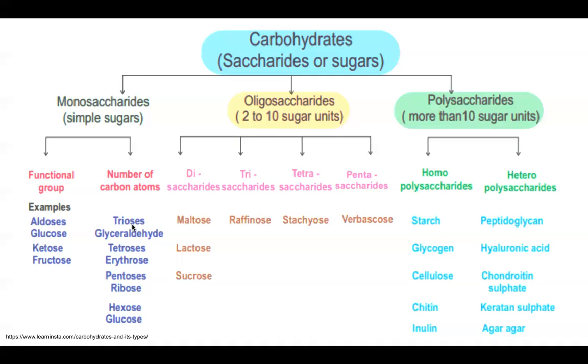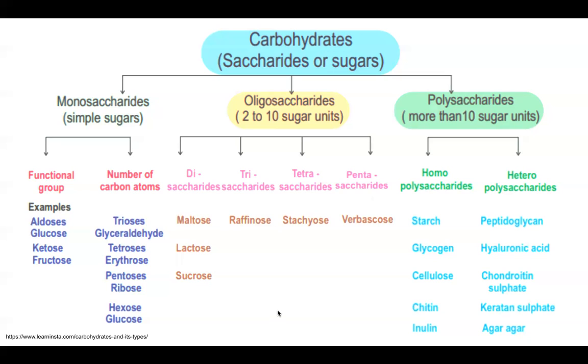Carbon atoms in here is 3. Here is 4. If the carbon atoms is 5, that's called pentoses. Carbon atoms is 6, in this case, hexoses. Oligosaccharides can be disaccharides, trisaccharides, tetrasaccharides, and pentasaccharides.